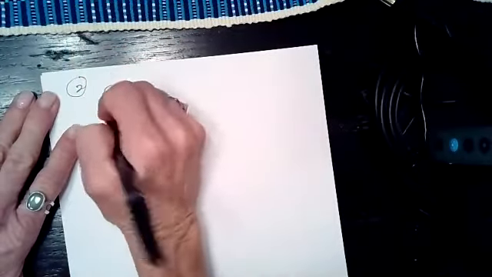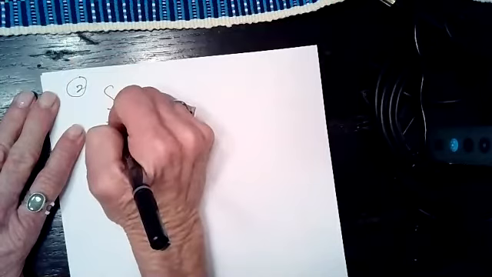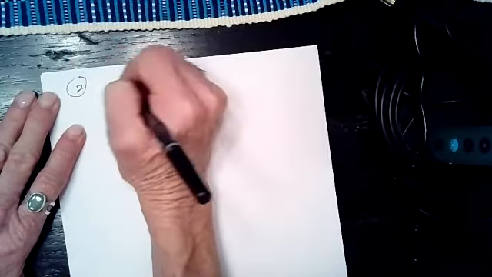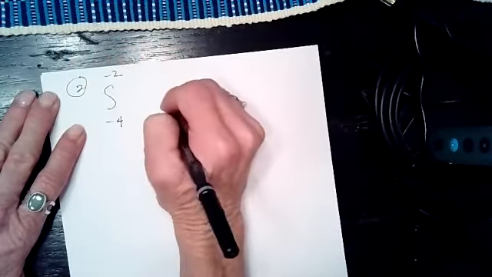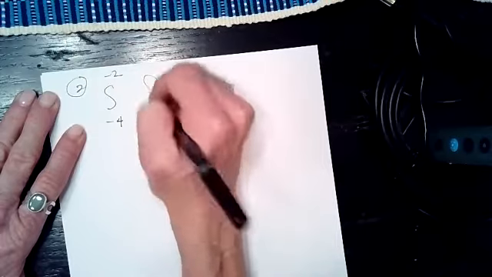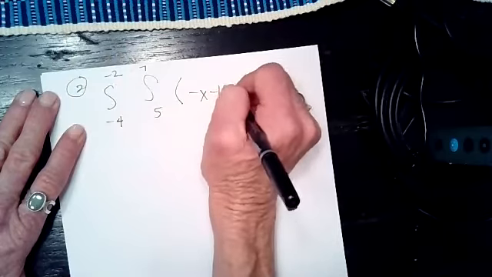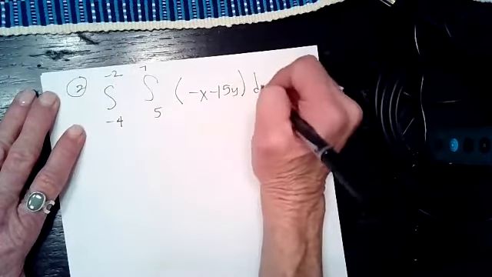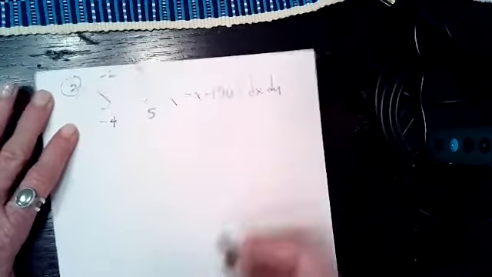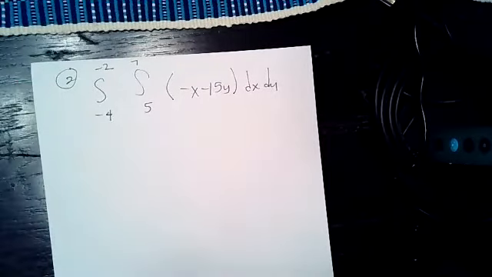So the integral from -4 to -2, again, they're not always that, and 5 to 7, of -x minus 15y. And it's dx dy this time. This is random order. You never know if you're going to integrate with respect to x or with respect to y first.